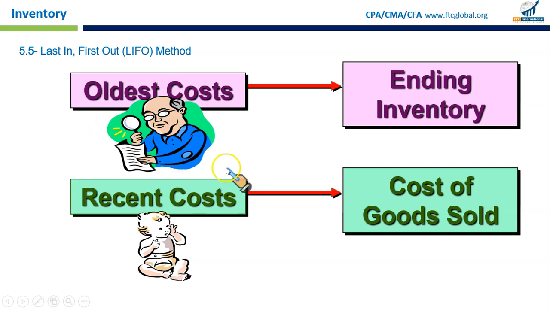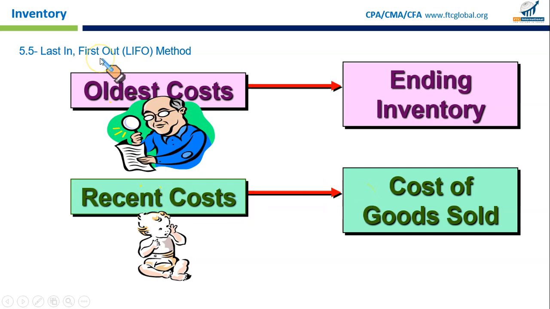The issue with LIFO is that your physical flow of goods does not generally match with the costs, of course, because normal practice is that companies prefer to sell or use their older stock first to prevent obsolescence. Of course, in bakery or in storage facilities, we tend to utilize or sell those units which are older.